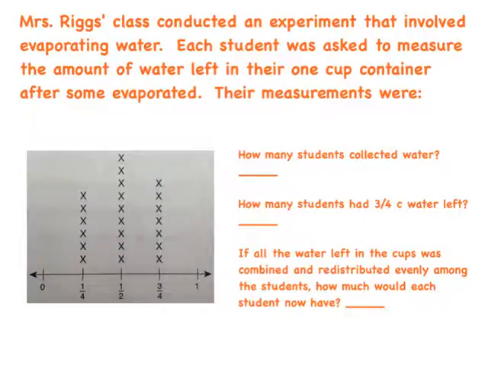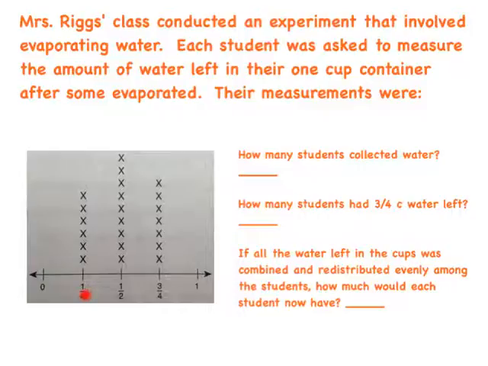All right, in this example, Mrs. Riggs' class conducted an experiment that involved evaporating water. Each student was asked to measure the amount of water that was left in their 1-cup container after some had evaporated. So they had a cup of water, and they let it sit and evaporate over time, and then they measured how much water was left in their cup.